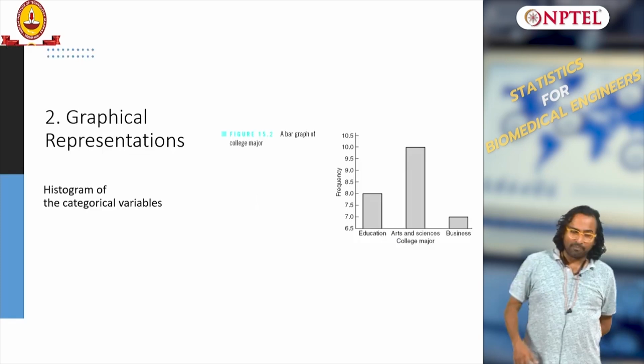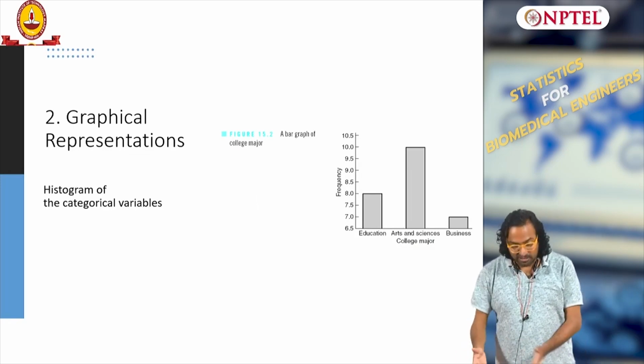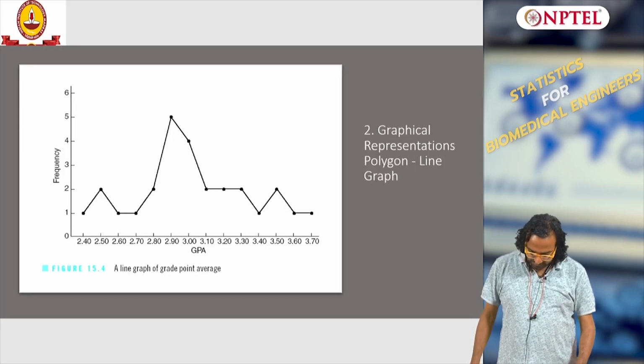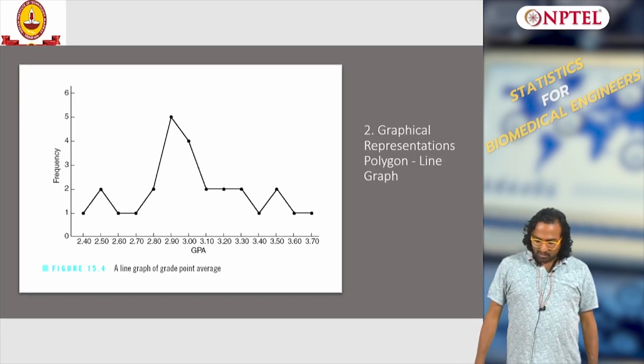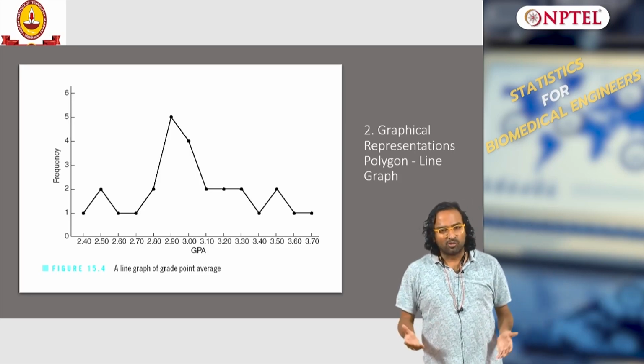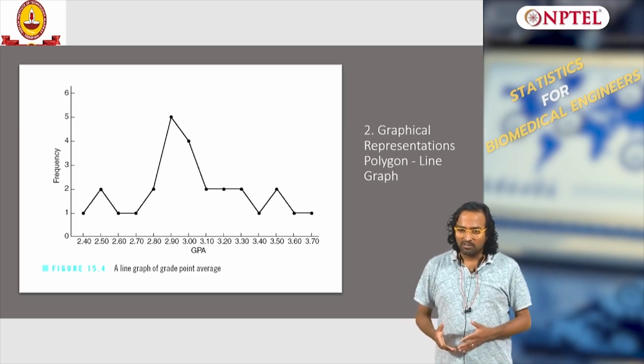Then the histogram, that is again frequency versus the variable of interest. And then this is the polygon line graph which we all do, just a simple plot.